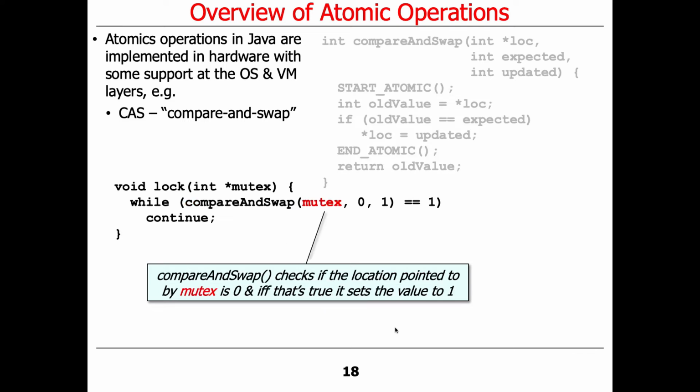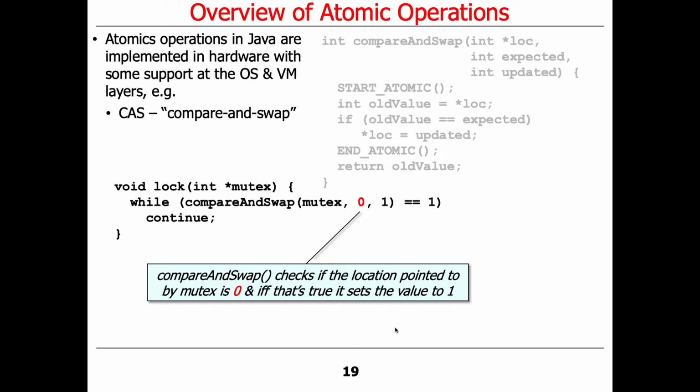It checks to see if the location pointed to by mutex, so mutex is just a pointer, is 0. That's the expected value. And 0 means unlocked or available.